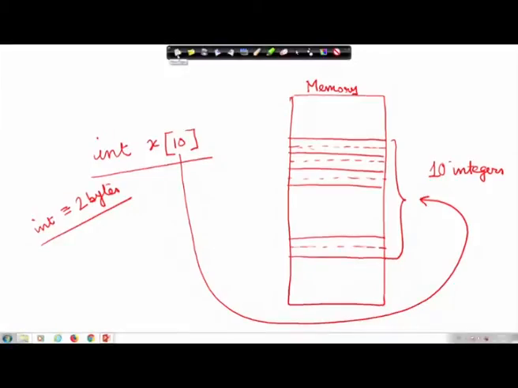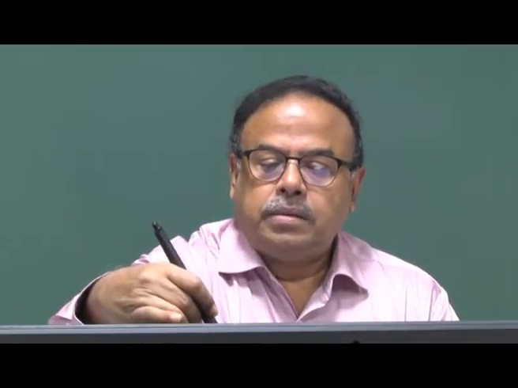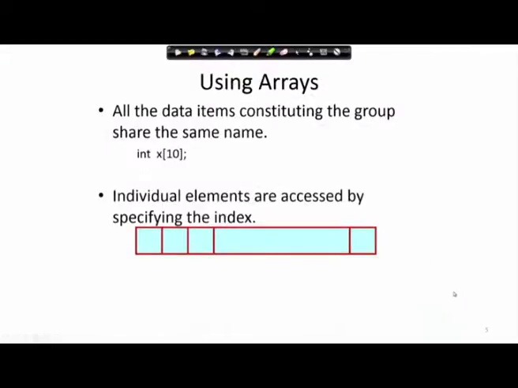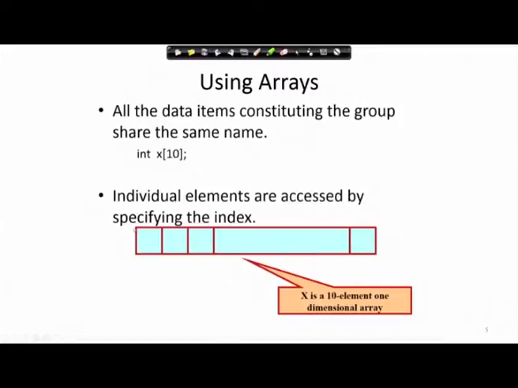Therefore, it must be declared before, so that the compiler, while it is compiling the program, can allocate enough space. And now individual elements are accessed by specifying the index. So, this x is a 10 element one dimensional array, linear.